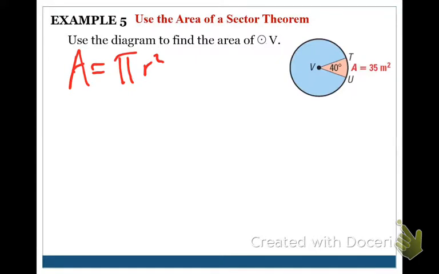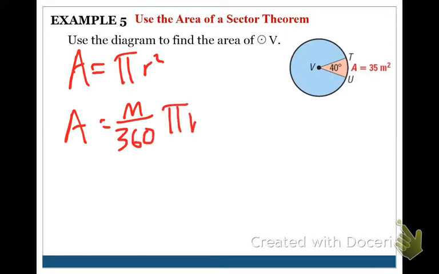I can find the radius here by using the area of a sector theorem. So we'd have area equals m over 360 times pi r squared.